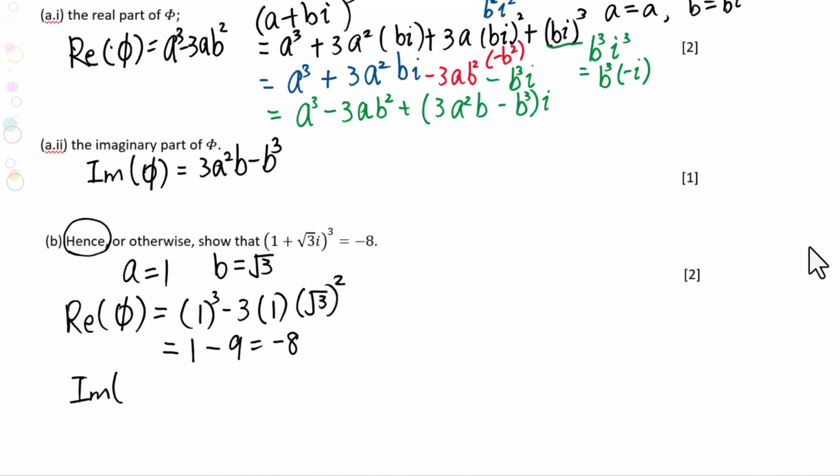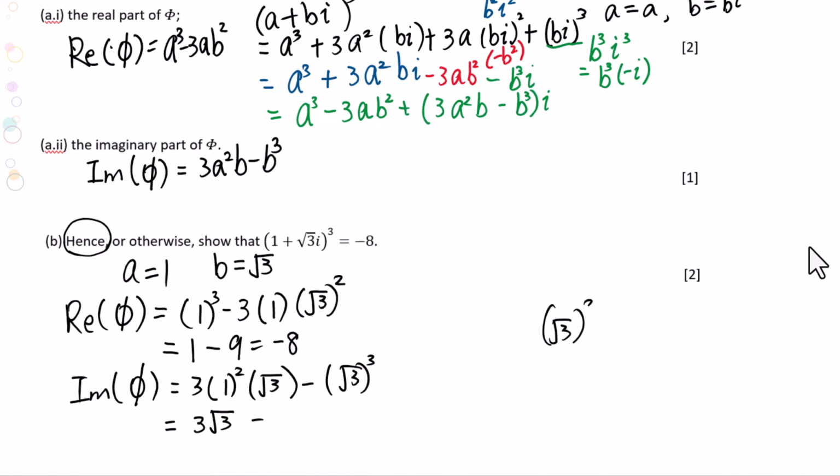Imaginary part of phi equals 3 times 1 squared times the square root of 3 minus square root of 3 to the third power. Organize: 3 square root of 3 minus square root of 3 to the third power.